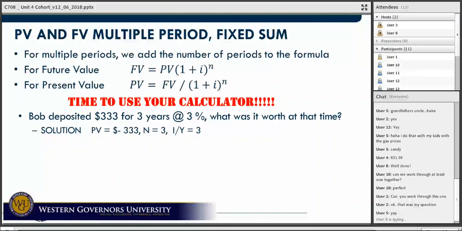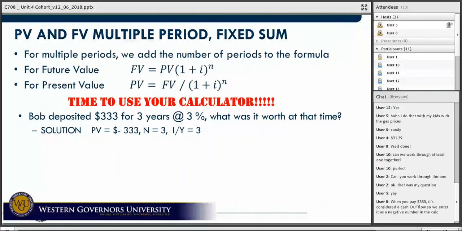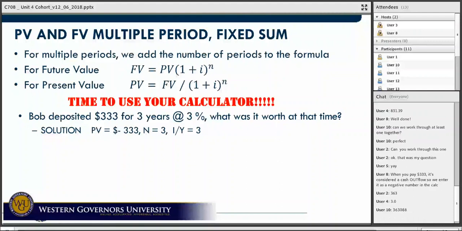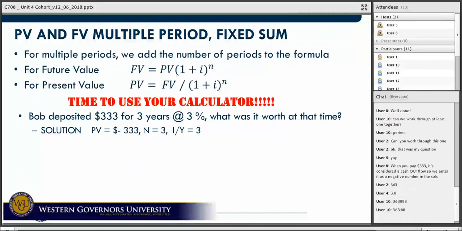So what was that worth at that time? And I see Bruce is typing something. It's considered a cash outflow, so we enter it as a negative number in the calc. So has anyone tried entering this in their calculator? $363.88.